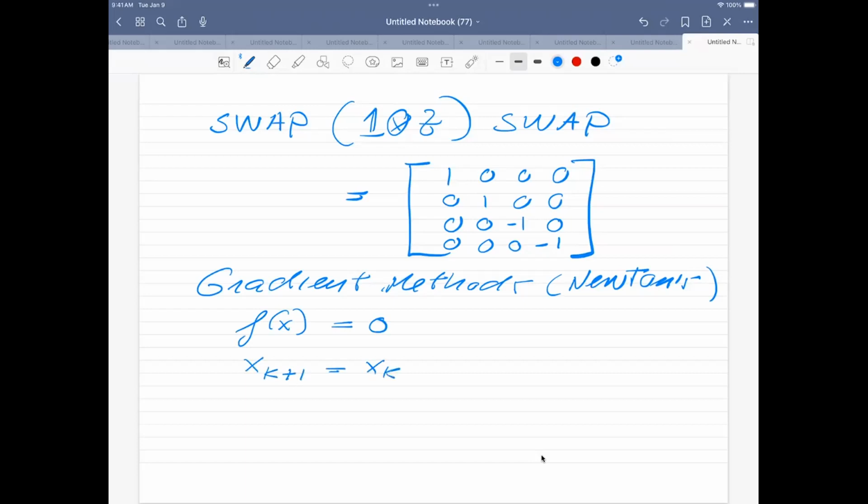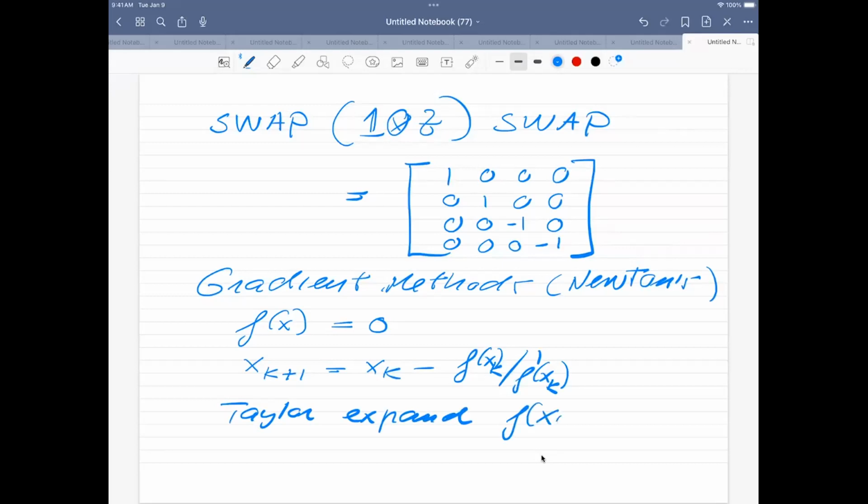I'm not deriving it, I'm just setting up the final expressions. So this follows from you making a Taylor expansion. So this is for k. This is a derivative. This follows from Taylor expanding f of x around k plus 1, where x of k plus 1 is given by some x of k plus some delta x.